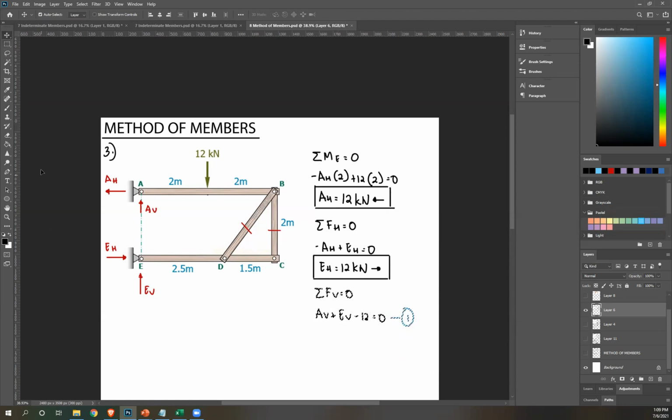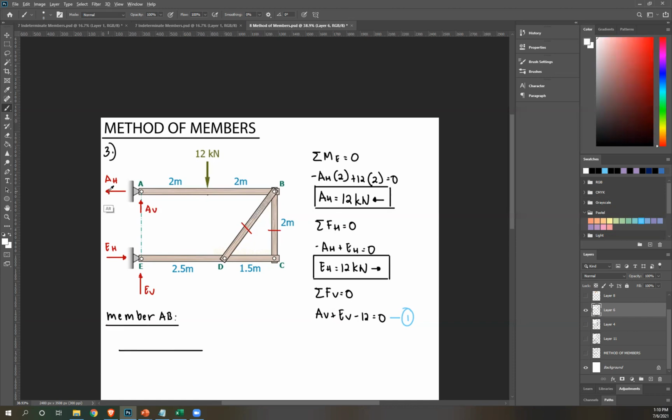Now that we have that, the next step is to use the method of members. As you can see, this is your 3-force member, so we can isolate it, since it's also connected to your joint A or support A. So member AB. Let's draw.